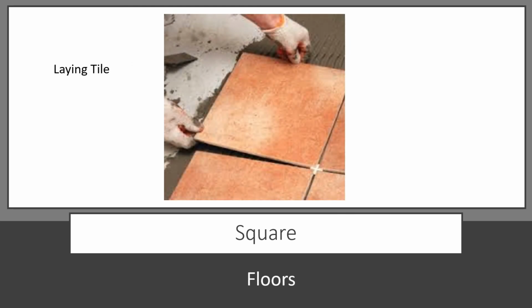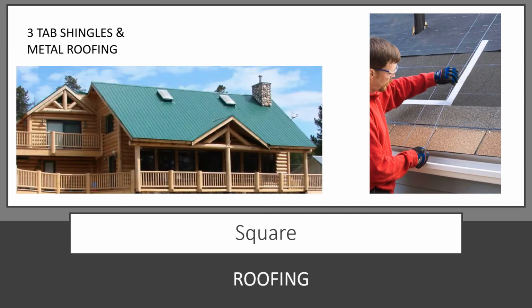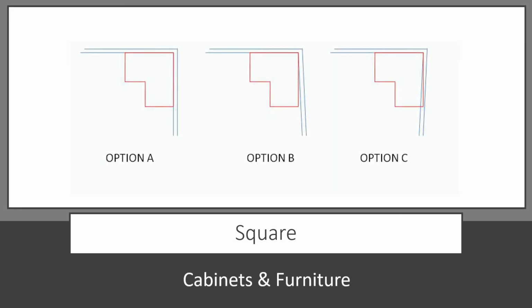We talked earlier about laying floor tile, how important it is. Roofing, 3-tab shingles, metal roofing, everything's got to be squared up before you get started. You also have some problems with furniture or cabinets, things not square. Inside, like interior walls here, 90-degree angle.